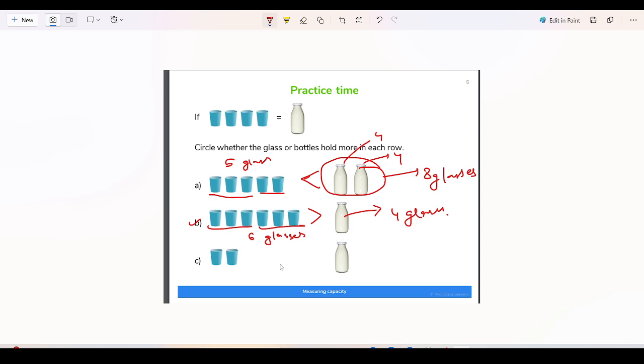Yes, exactly. And the last one, C, is less than the bottle of milk because C has only 2 cups, while the milk equals 4 cups. Very good. Absolutely correct.